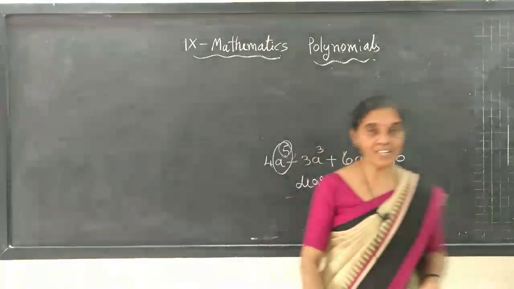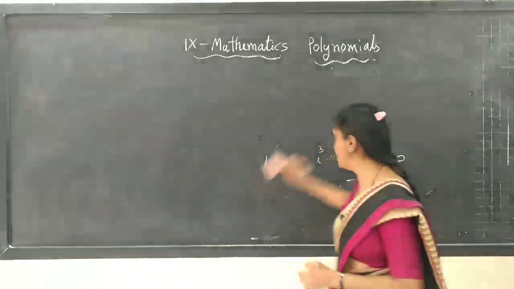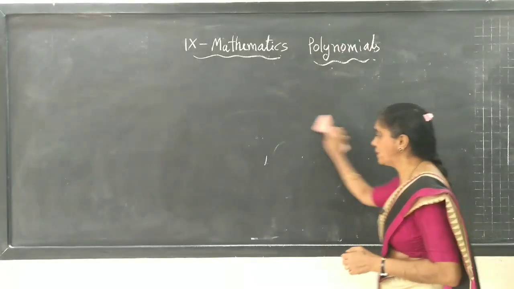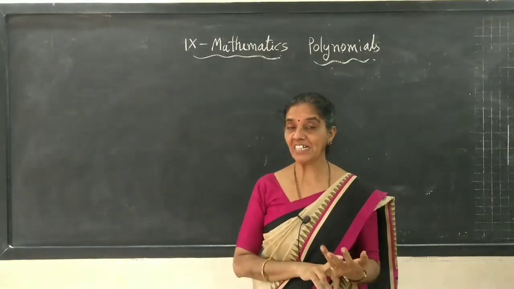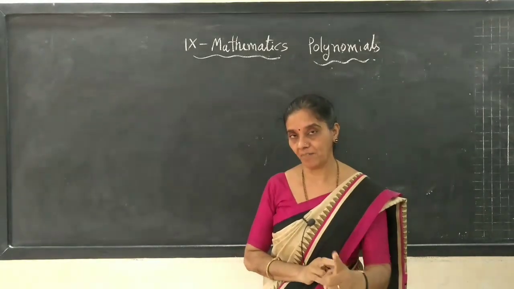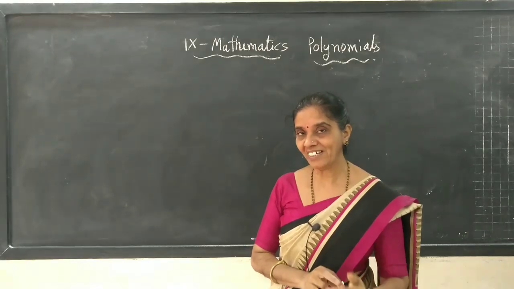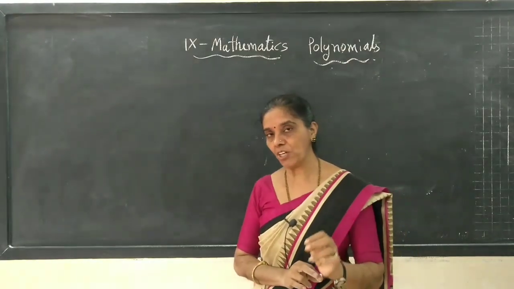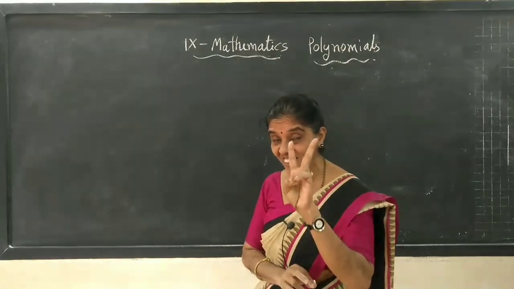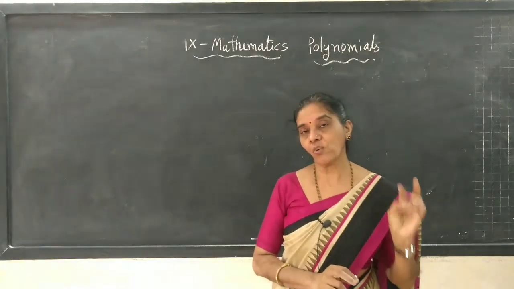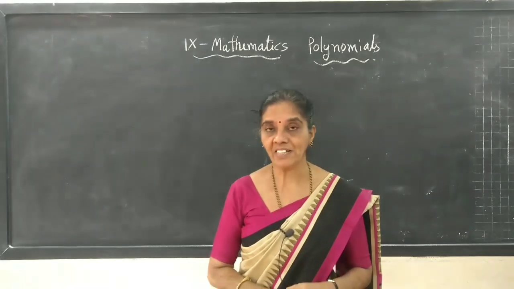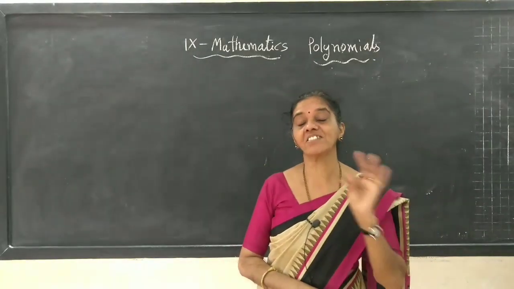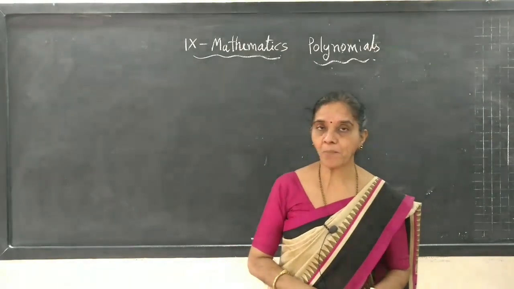Okay. Now depending upon the degree of the polynomial, we can name the polynomial. A linear polynomial is one where the degree is 1. The second type, if the degree of the polynomial is exactly 2, is called a quadratic polynomial. The third type, where the degree is 3, is called a cubic polynomial.